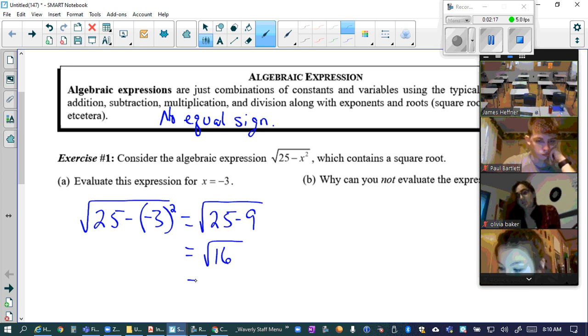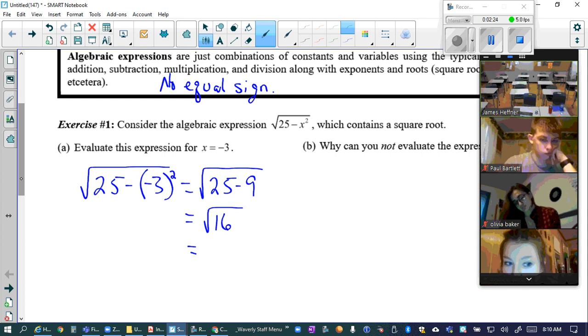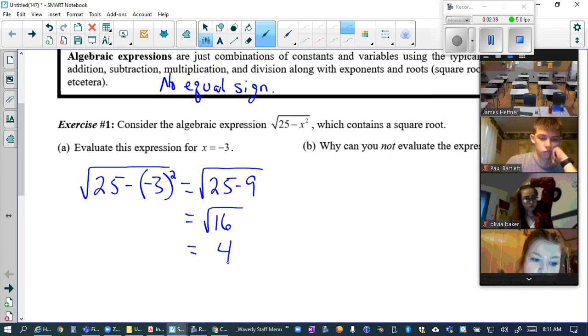And what is the square root of 16? Four. Okay, that's one of the answers. What's the other? It's not just 4. What's the other square root of 16?